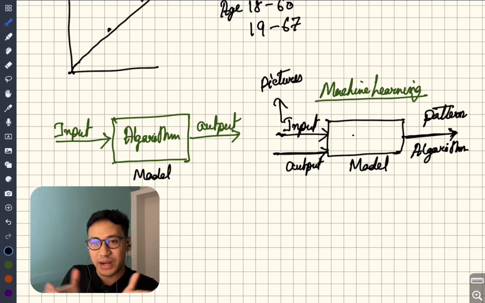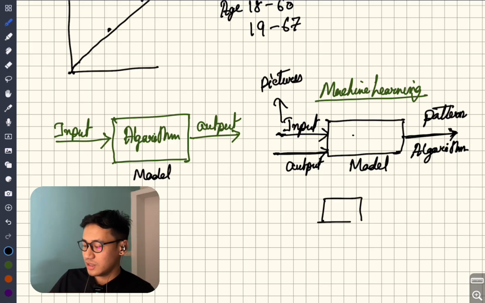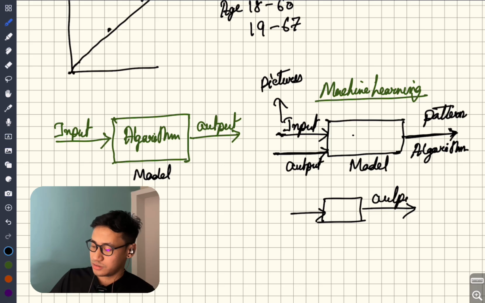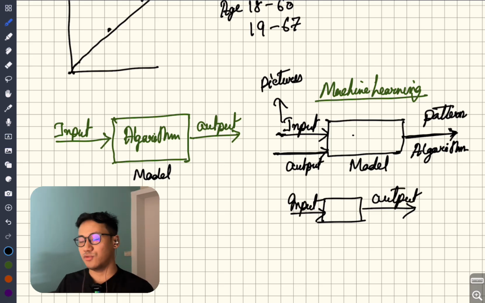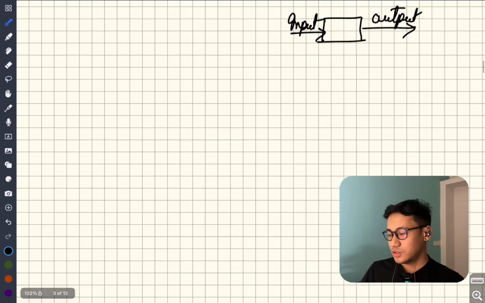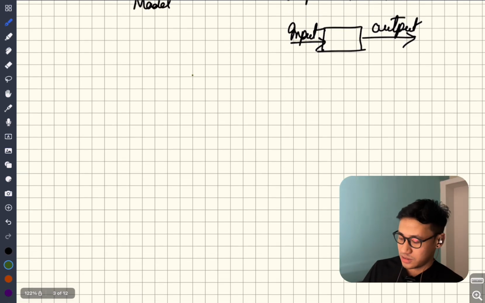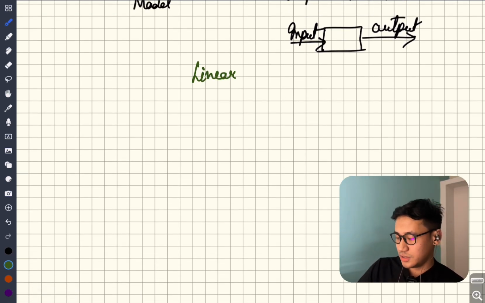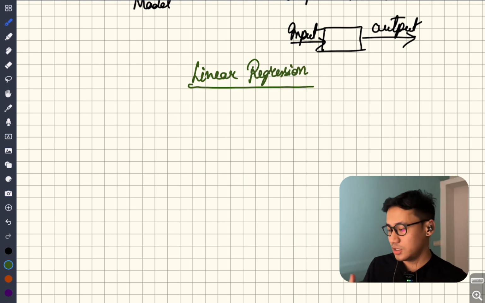Once it gets the pattern, after that we can send one input and it will give us output. So at first you need to train the model. Without training the model, it won't automatically give us the result. I hope you understood. So let's move to the next part, linear regression. I will take one example to make you understand.